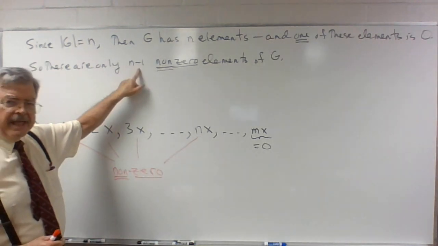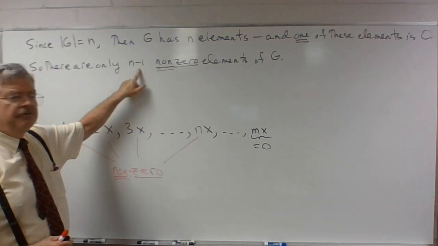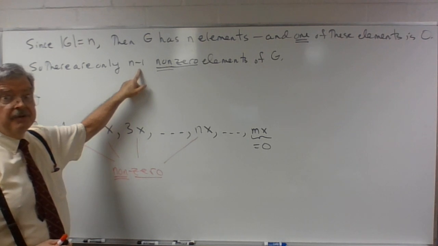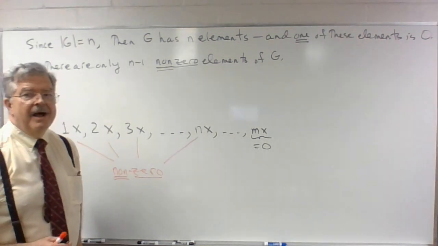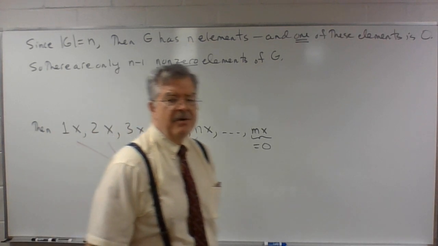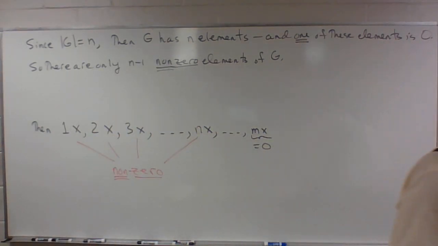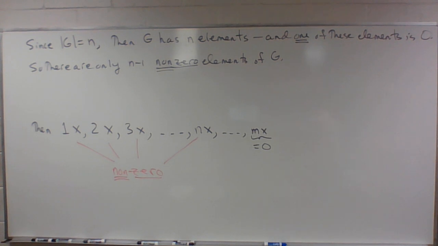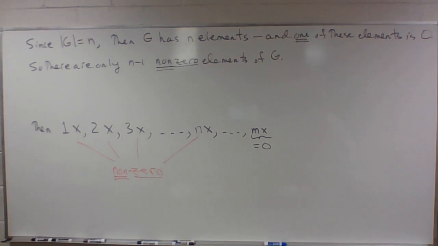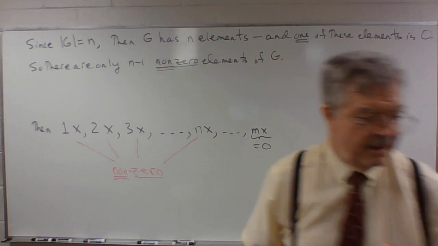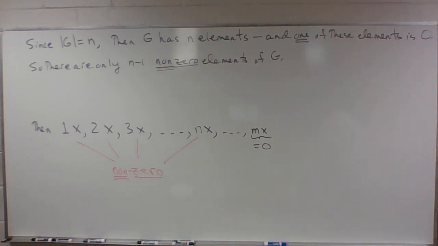But there are only n minus 1 non-zero elements of G. You know what that means. I smell a pigeonhole principle application. That's what I smell.